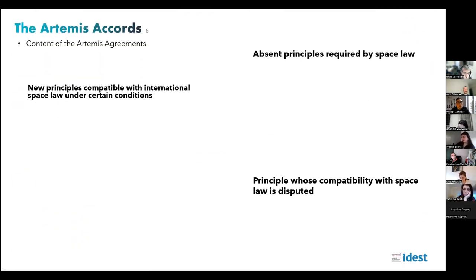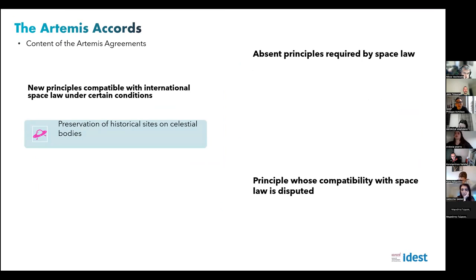You have also new principles that are compatible with international space law under certain conditions. First of all, the preservation of historical sites on celestial bodies. This is an important issue for the US.